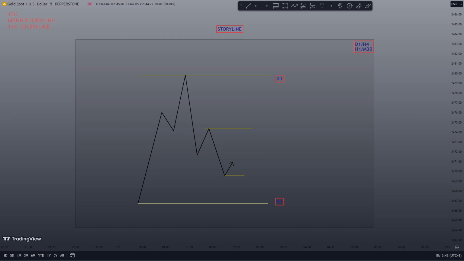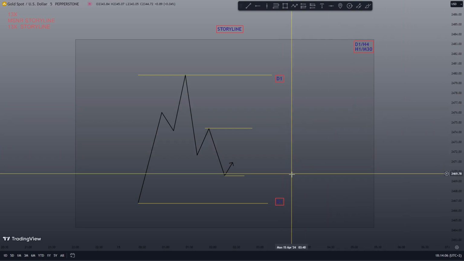We already know the meaning of fresh and unfresh levels. Only on the daily time frame, every time price breaks a daily level, that level becomes fresh again and price may react from it later on.